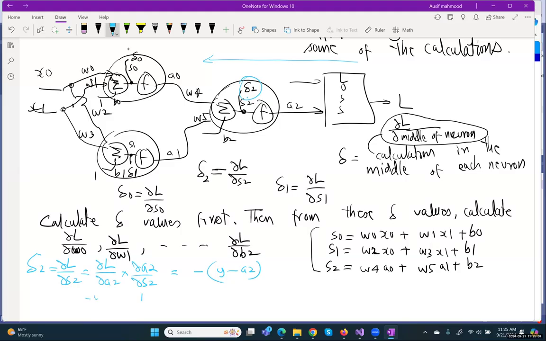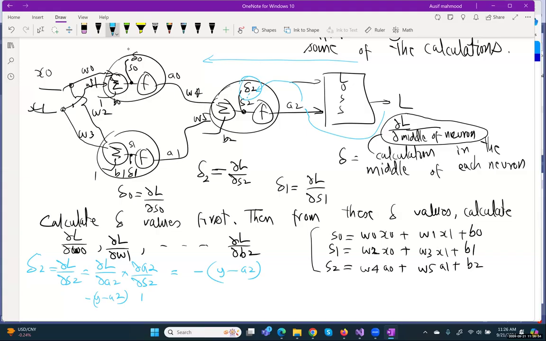And this is partial L over partial A2, see from here to here, and then from here to S2, so partial L over A2 over S2. Is it clear or confusing? Good, right? Okay, so do we know delta 2?